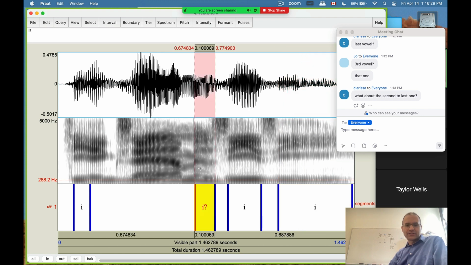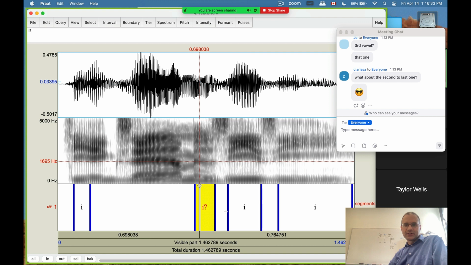I'll just say this one, we saw its F2 is lower. So where would that put us in the vowel space? Anybody want to make a guess? I or A? Maybe? I don't know.